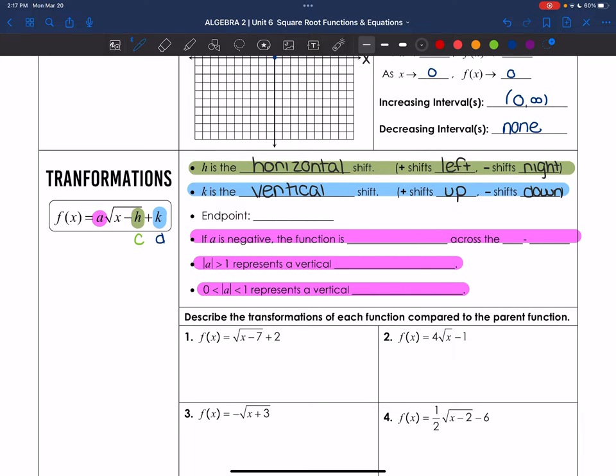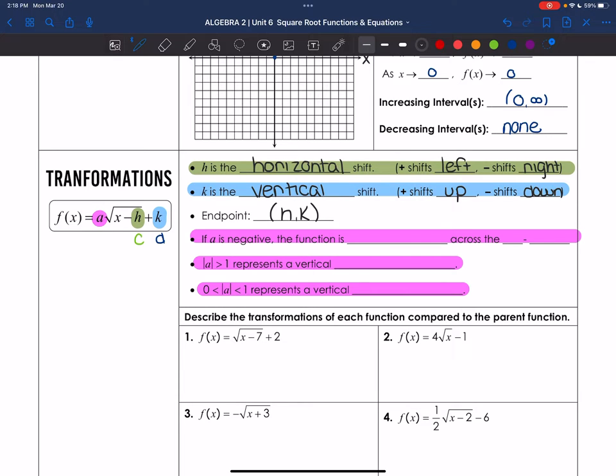And the endpoint, that point where our graph is getting started and going out from, is going to be that point h, k, which might feel familiar to you from vertex form when we were working with our quadratic equations. And that is true. That is your h and your k, your horizontal component and your vertical component of where that key point is located.